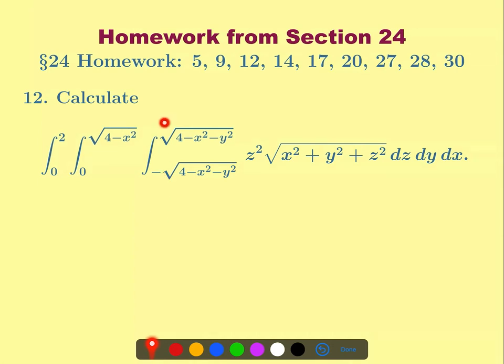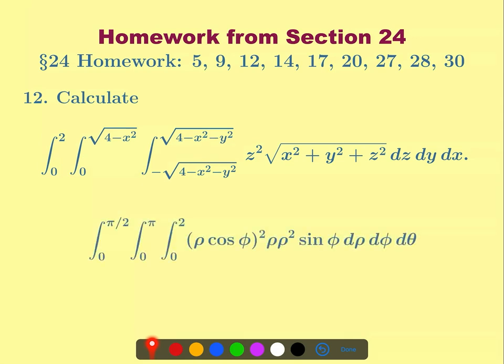So phi goes from 0 on the positive z-axis to pi on the negative z-axis. And then rho is going to go from 0 to 2 because it's going from the origin to the sphere of radius 2. So we have 0 to pi halves for theta, 0 to pi for phi, and 0 to 2 for rho.